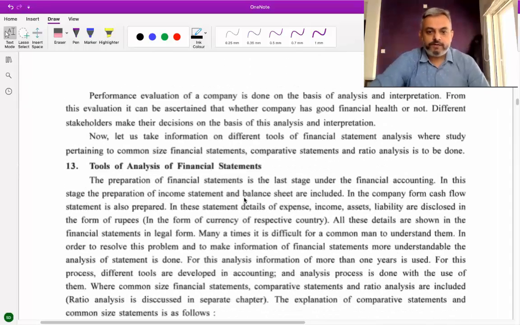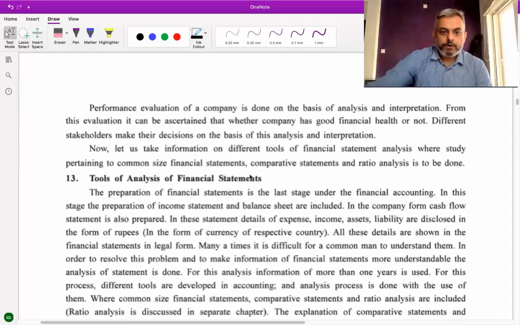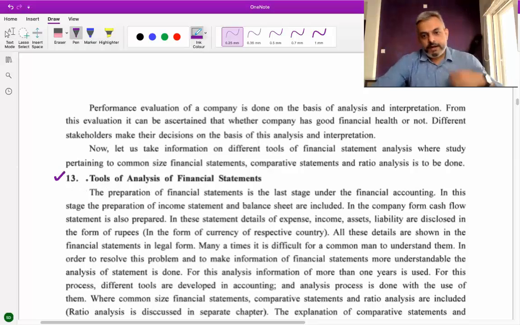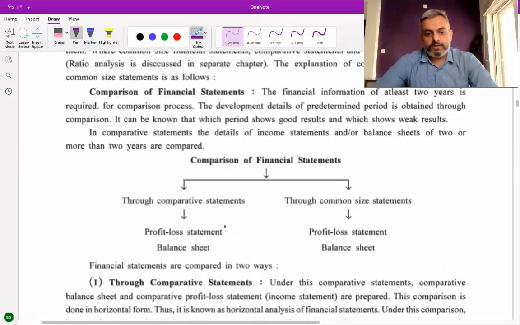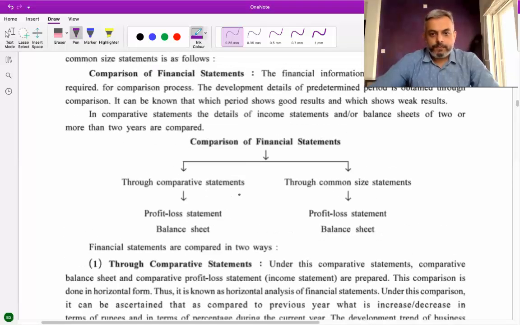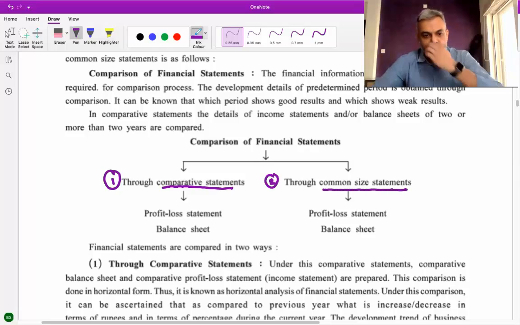Tools. Come to tools. Tools for analysis of financial statements. Now, what are the tools? Comparison of financial statements can be through first comparative statement and second through common size statement.